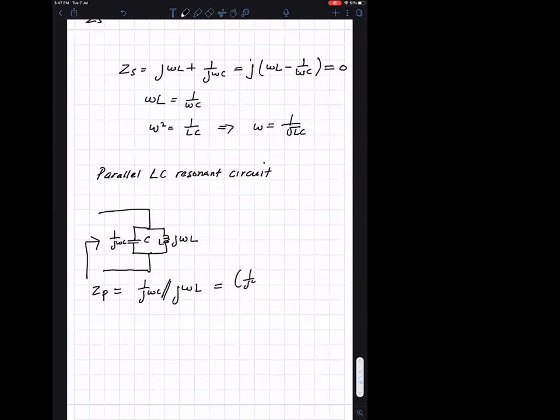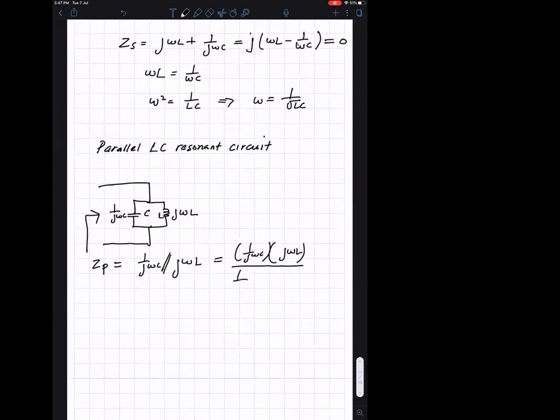That is (1 over j omega C times j omega L) over (1 over j omega C plus j omega L).